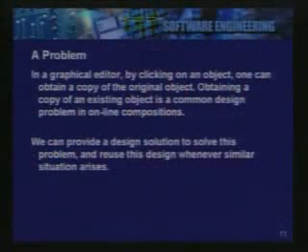Whenever in whichever application you have this requirement that I have identified the object and I want a copy of it, the user is not going to specify the class of that object. The user just identifies the object and he can obtain a copy of that object. So whenever this requirement comes, the solution that you have adopted in the graphical editor can also be used in that specific domain.